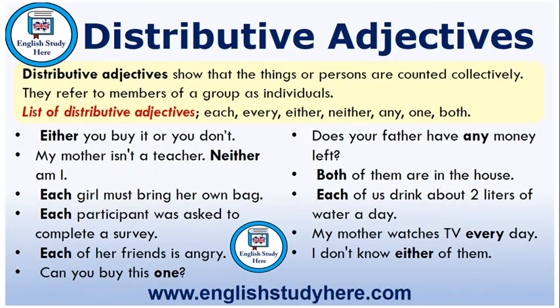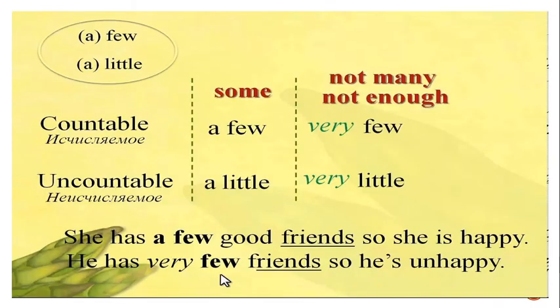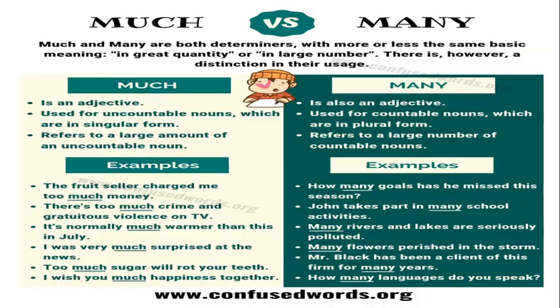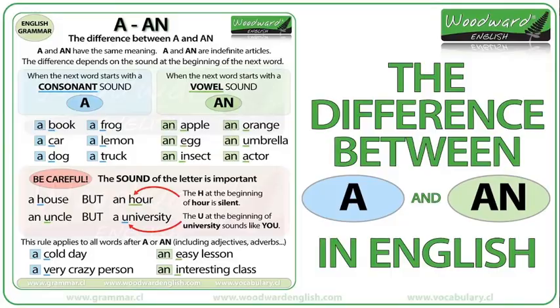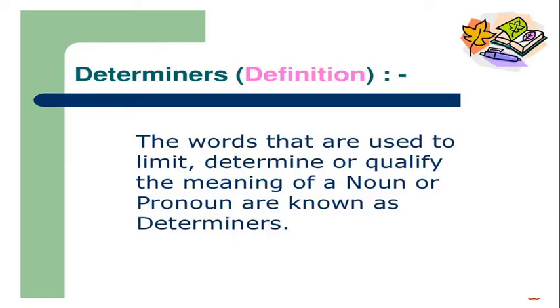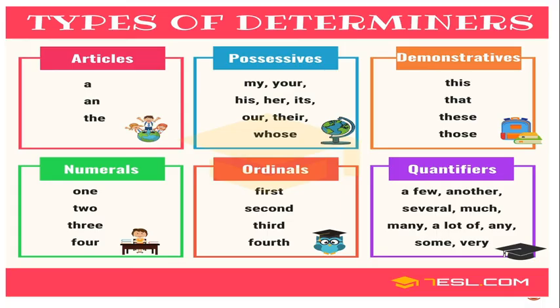So far we have studied about the determiners. The meaning of the word determiner: the words that are used to limit, determine or qualify the meaning of a noun or pronoun are known as determiners.